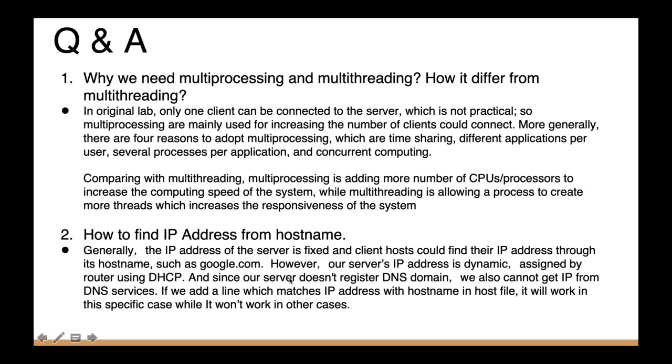But in our case, the server IP address is dynamic, assigned by the router using DHCP. Since our server doesn't register a DNS domain, we cannot get the IP from the DNS service. If we add a line which matches the IP address with the host name in the hosts file, it will work in a specific case, but it won't work in other cases.